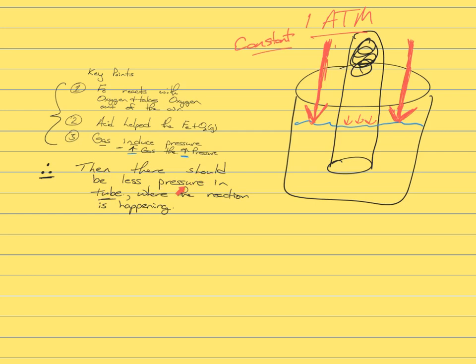So then there should be less pressure in the tube as the reaction keeps happening. And the less pressure you have, the higher this water should go, right? This water should be moving upwards until all the oxygen's gone. Once all the oxygen's gone, this iron's not going to rust anymore. So this water level is going to stop going up.